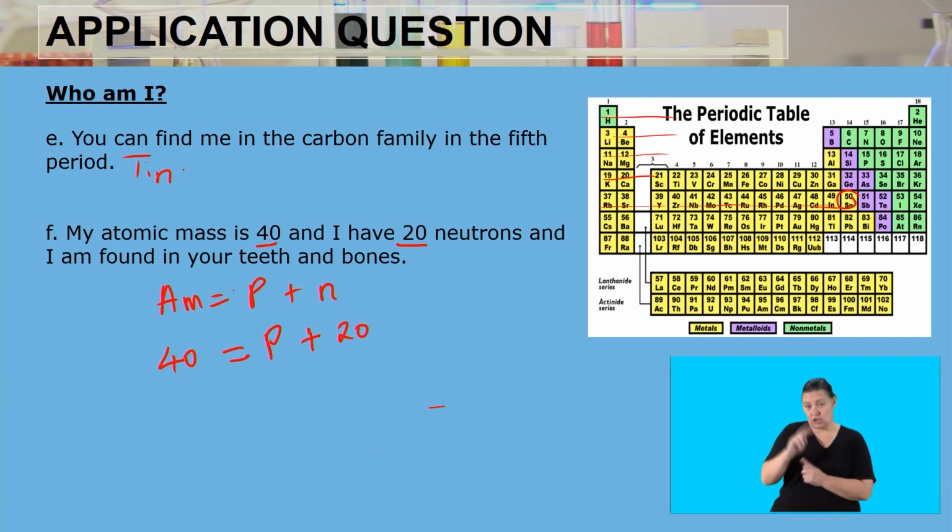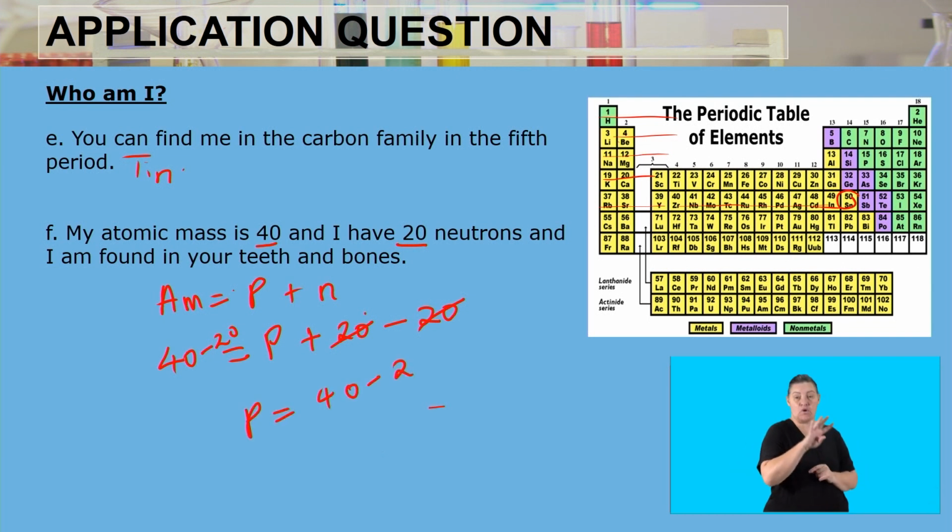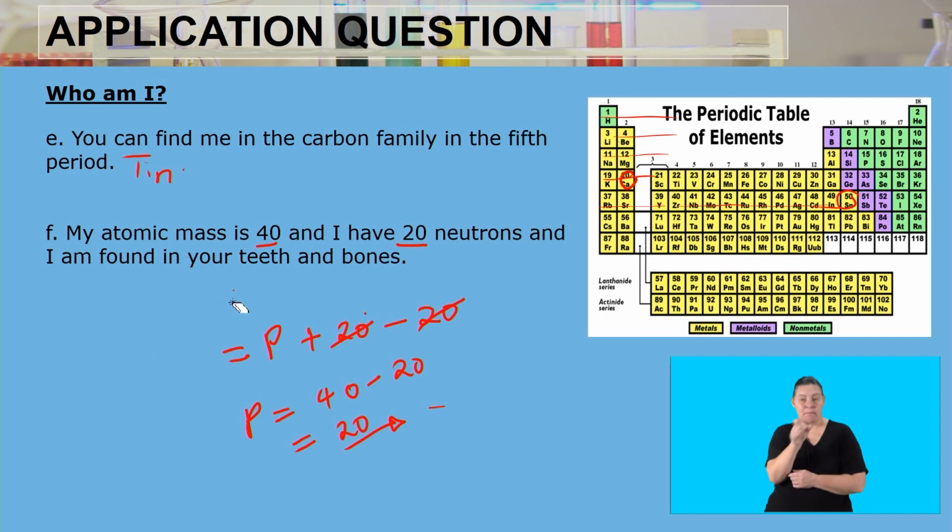So what we do now is the additive inverse. We subtract the 20 on the right-hand side, and also subtract the 20 on the left-hand side. Obviously 20 minus 20, they cancel out. Then P is equal to 40 minus 20. That means your P, your protons, is equal to 20. And if it has 20 protons, that means it is calcium. So therefore, the answer to this is calcium.